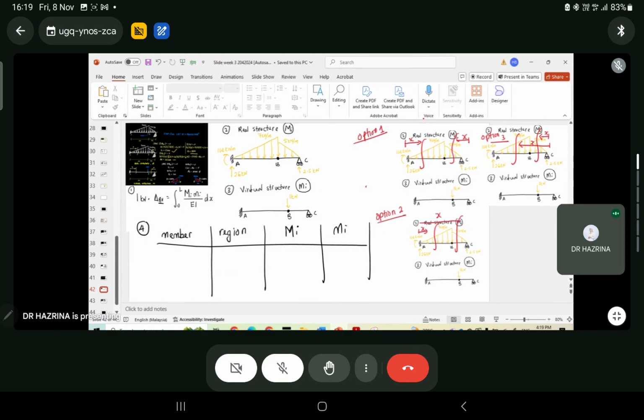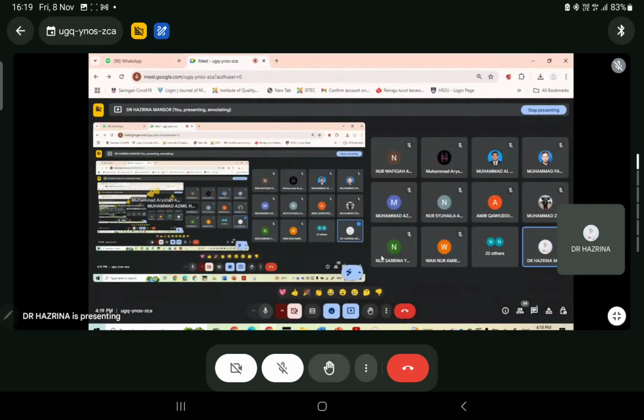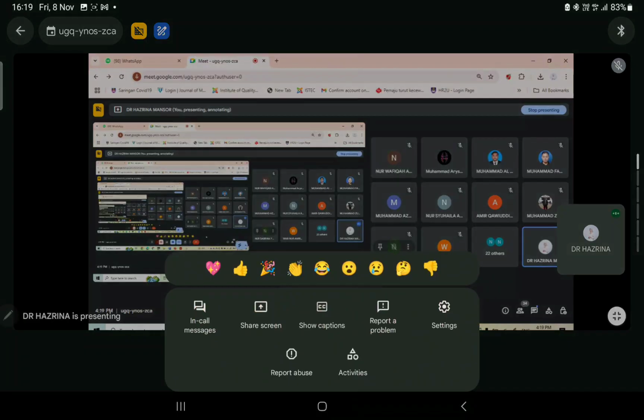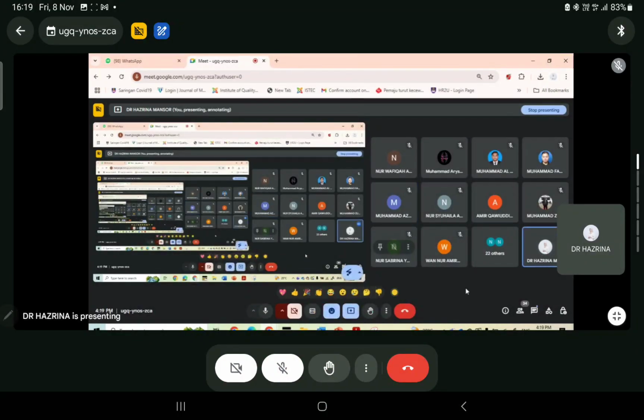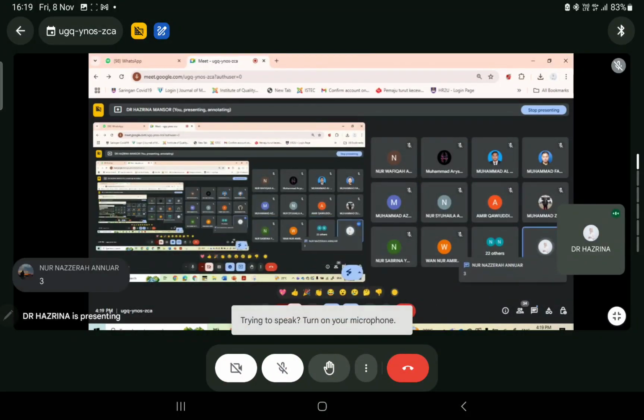Okay, I nak tanya you all. Option 1, option 2, option 3. Which one is your option? Option ni yang satu. 1 ke, 2 ke, 3? Random, cakap je. 3. Saya 3. Option 3. Lagi? 3. 3.